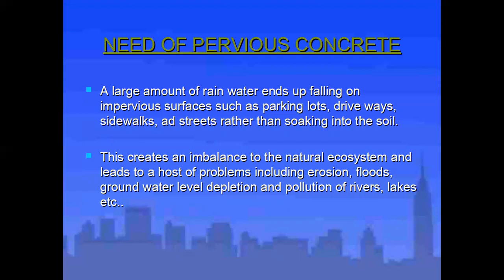So we can save the natural water. It can reduce the runoff, the soil erosion, and floods also. So this plays an important role in the ecosystem or natural phenomena.